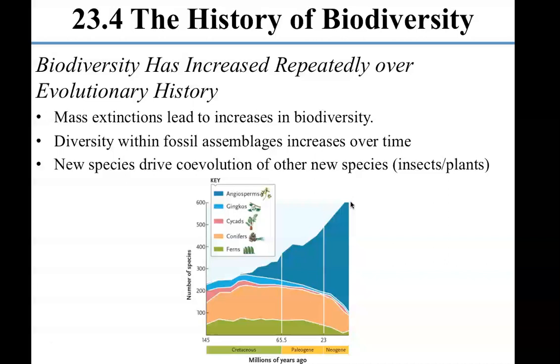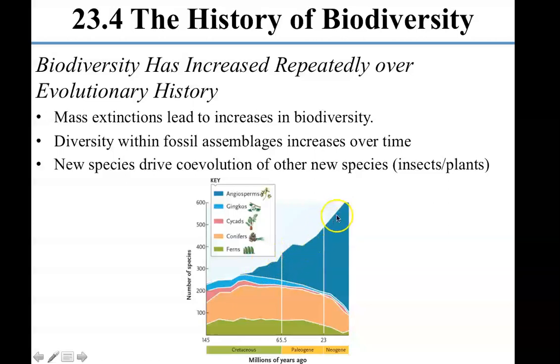The evolution of some species can drive coevolution with other new species. An example of this is the flowering plants and insects. Here you can see, like I just talked about, the angiosperms saw a lot of speciation and increase in biodiversity after the KT extinction.